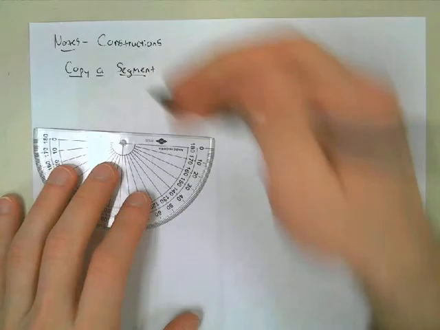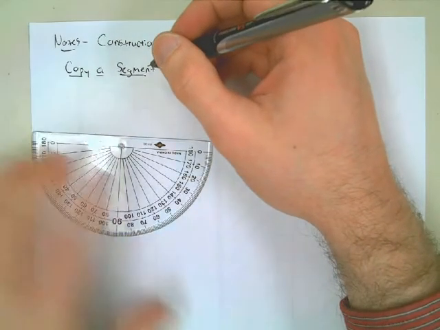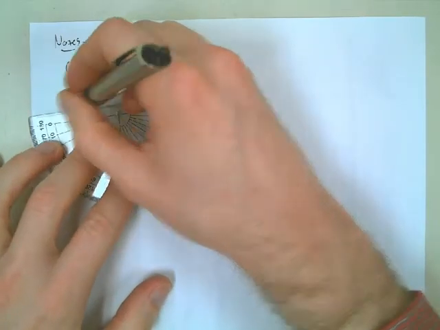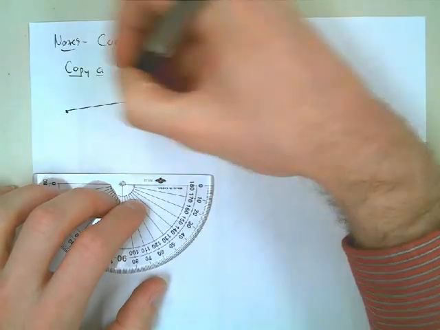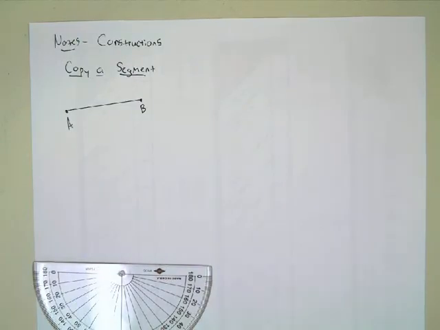So to copy a segment, you first need to start out with a segment that you're going to copy. So we'll go ahead and draw a segment here, and then put some endpoints on it. And let's just call this segment AB. All right, so again, you don't need a compass for that.